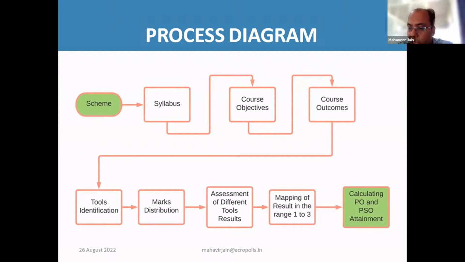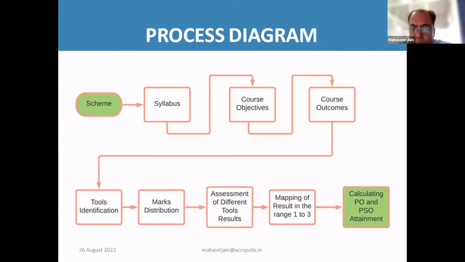Basically, this is for the teacher. The teacher cannot change the planning and all these things every time. The scheme is given and the syllabus is also given. From that aspect, we have designed this diagram. So you go for the scheme, identify the credit numbers, then go for the syllabus, study all the units that are given in the syllabus, then try to decide the course objectives.